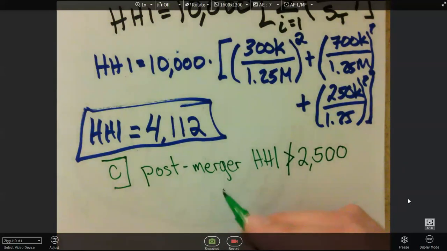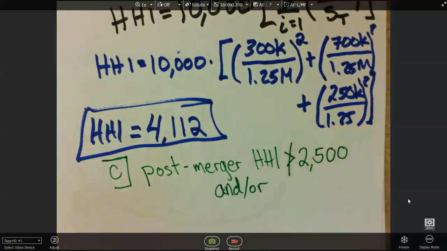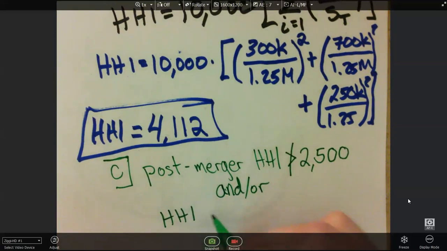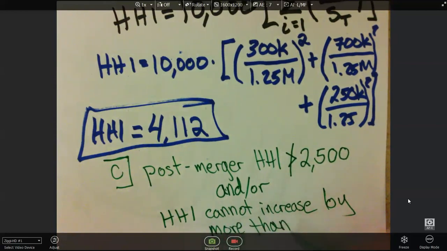Or the HHI cannot increase by more than 200.